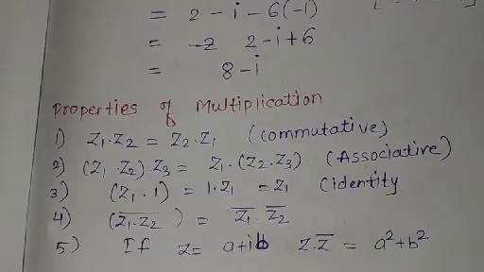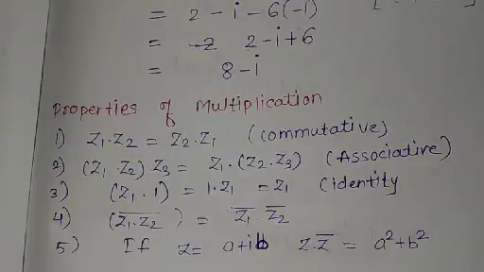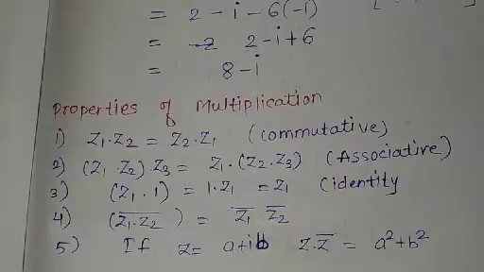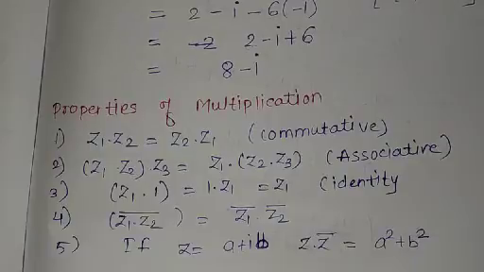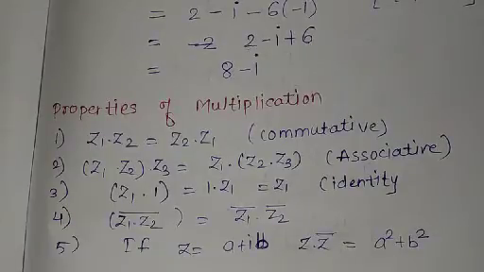The fourth property is that the conjugate of the multiplication of two complex numbers is z1 conjugate into z2 conjugate. And the last property is, if z is any complex number, that is a plus ib, then z dot z conjugate is equal to a square plus b square.